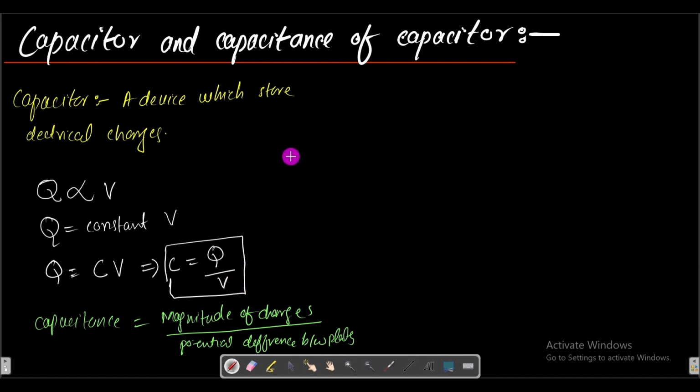So from here I can also define the capacitance of the capacitor. Capacitance is defined as the ability or the capability of the capacitor to store electrical charges.